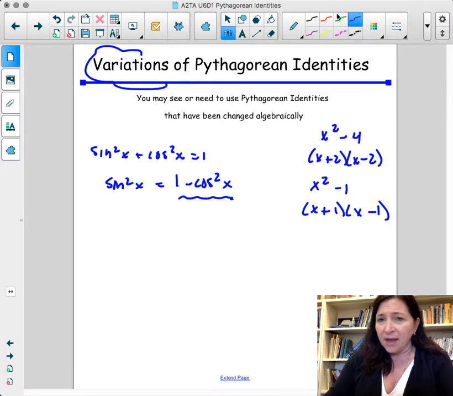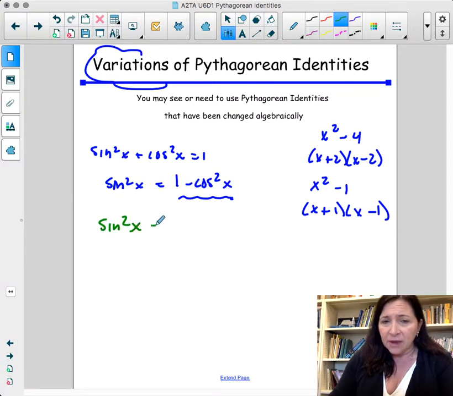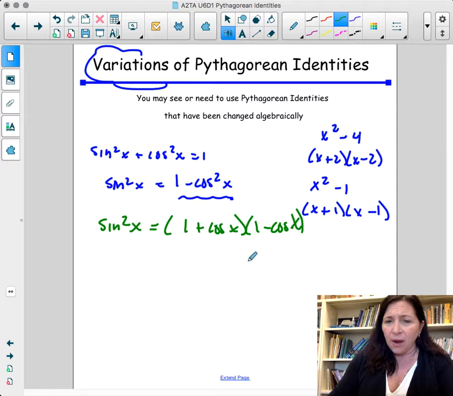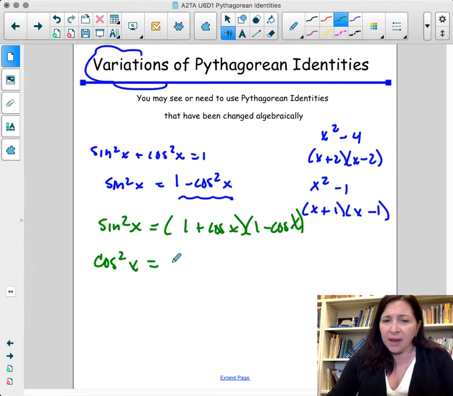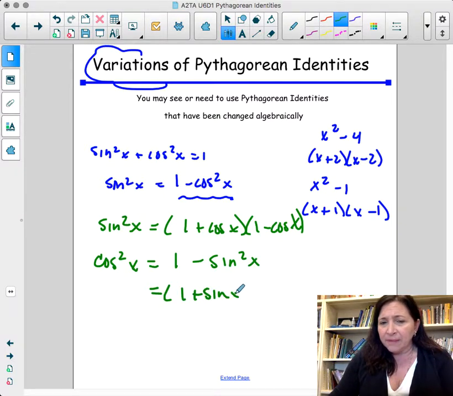And what I mean by that is I can actually rewrite that as sine squared of x equals 1 plus cosine of x times 1 minus cosine of x. So I can even rewrite that. Likewise, if I isolated the cosine squared of x, and I had 1 minus sine squared of x, I could rewrite that as 1 plus sine of x times 1 minus sine of x.